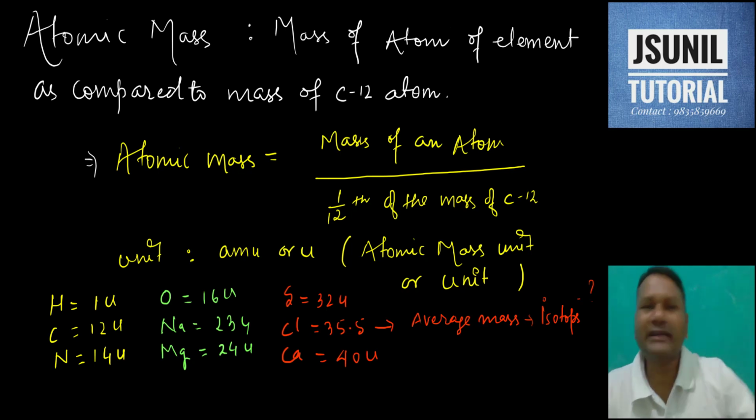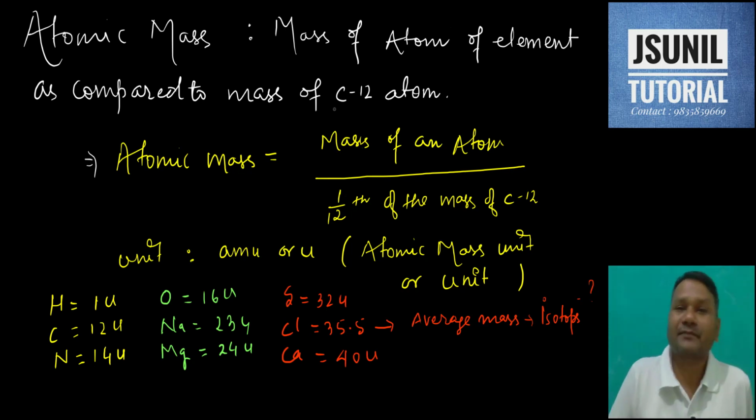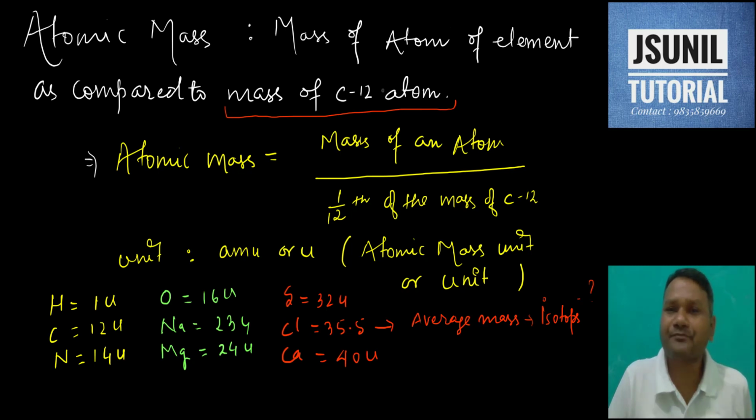Actually, the mass of an element is compared with the mass of a carbon atom. Today, the final observation of atomic mass is given by comparing the mass of the element using the mass of the carbon-12 atom. What do we mean by the carbon-12 atom? Because carbon is found in nature with different masses.